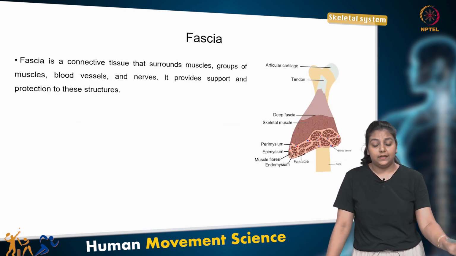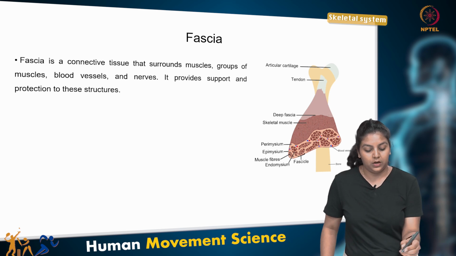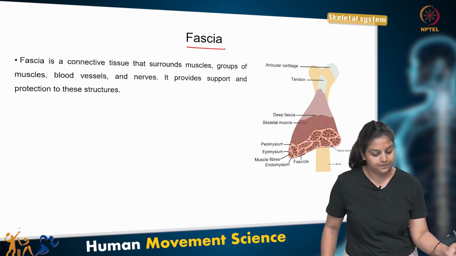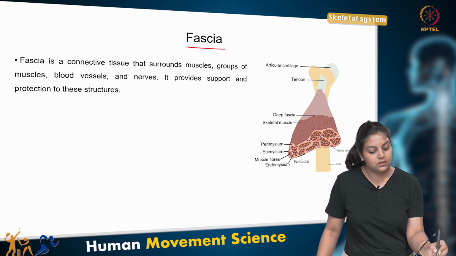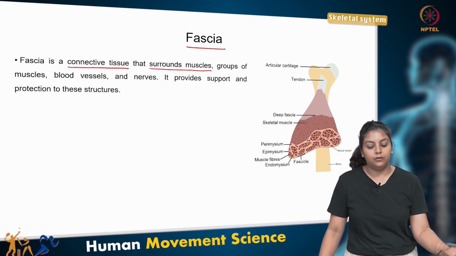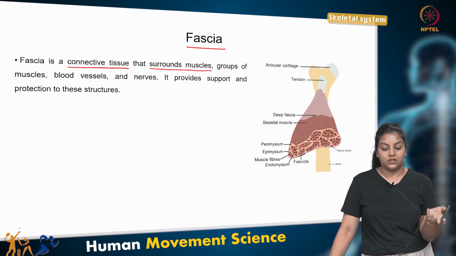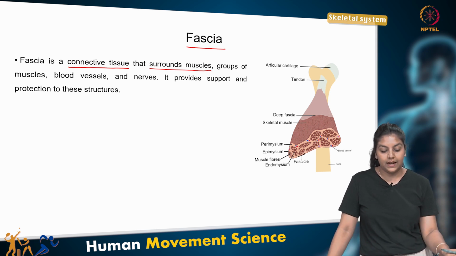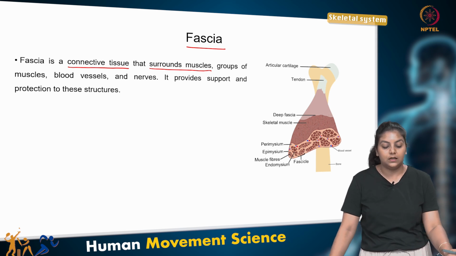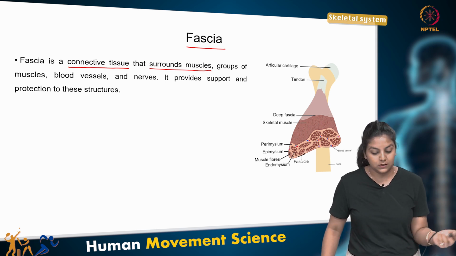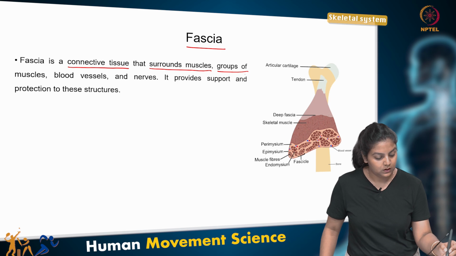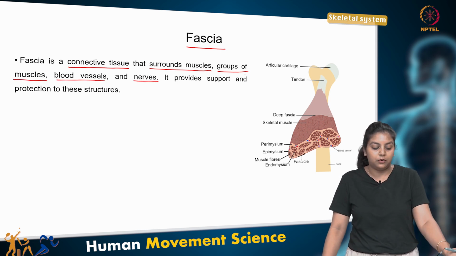Another important skeletal structure is what we know as fascia. Fascia is a connective tissue that surrounds muscles. We've looked at muscle to bone, bone to bone, and cartilage in the earlier slides, but fascia here is a connective tissue that surrounds muscles or groups of muscles, blood vessels and nerves. What it does is provide support and protection to these structures.